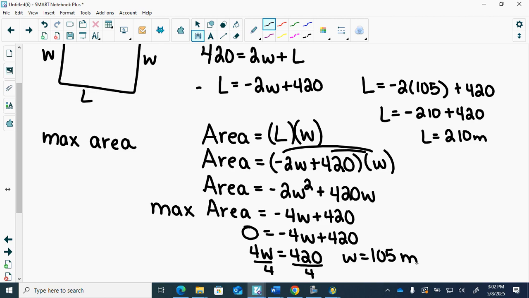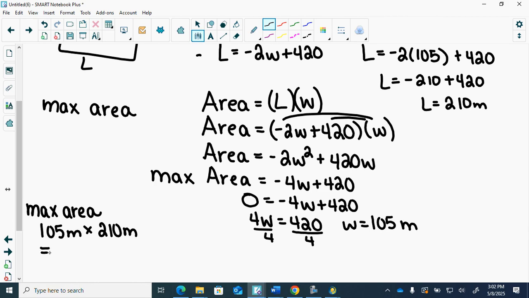All right. So max area is you take the length and the width and you just times them. So we get 105 meters times 210 meters. And what do we get?